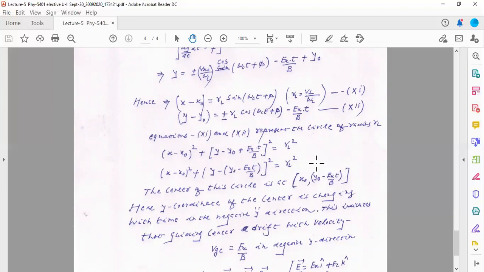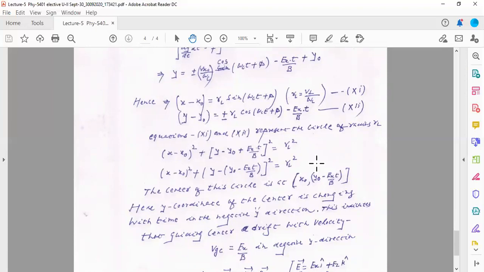Here x0 and y0 do not depend upon time t, because there is no electric field and the particle was not accelerated at all. So the particle was moving with a constant velocity. In addition to the circular motion, there was a linear motion, but the motion was constant. You have a constant motion along the z direction, and your guiding center x0 and y0 were time independent.